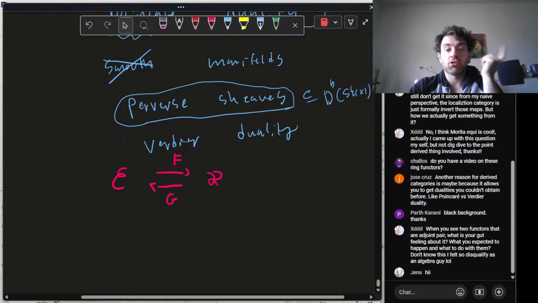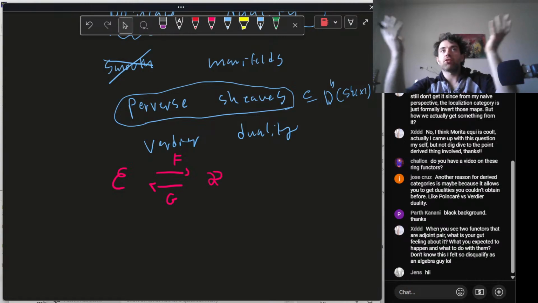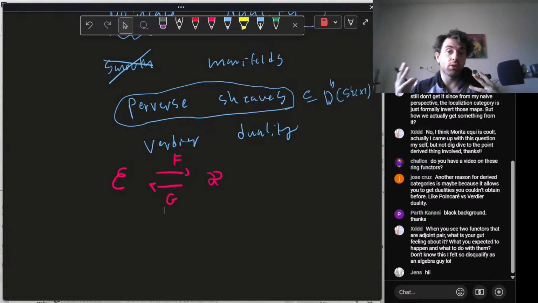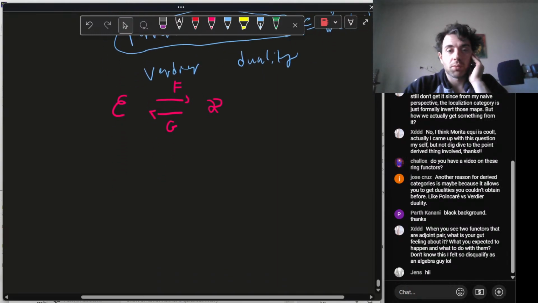Maybe one ring's presentation is a little bit easier to understand than the other's, and maybe for some reason you need two different presentations of your ring, and you'd like to be able to translate between modules over each of those rings, right? So it's pretty easy to do if you have an equivalence, but maybe you don't have an equivalence, but you still have a way of passing information back and forth, and the adjunction just allows you to preserve more information.